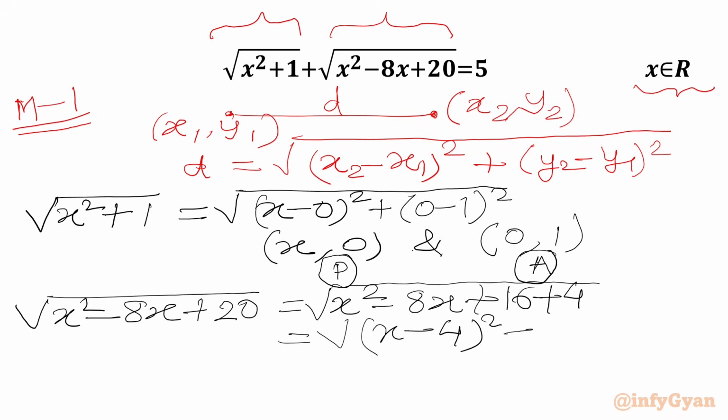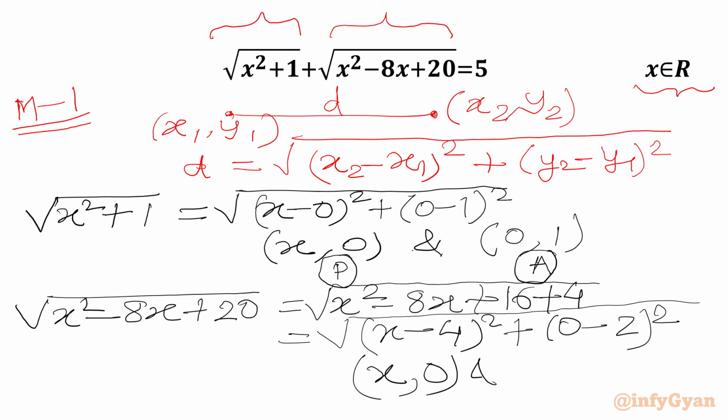And we have 4, which we will write as 0 minus 2 whole square as per our distance formula. Now we will be getting two coordinates from here. It is nothing but the distance between x comma 0 and 4 comma 2. X comma 0 is point P, 4 comma 2 is point B. So we have basically 3 points on our xy plane.